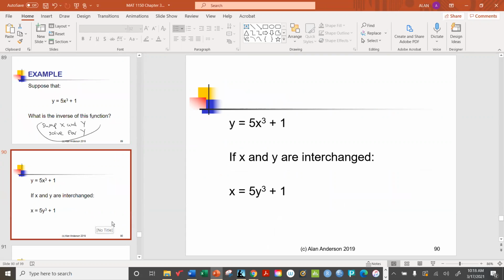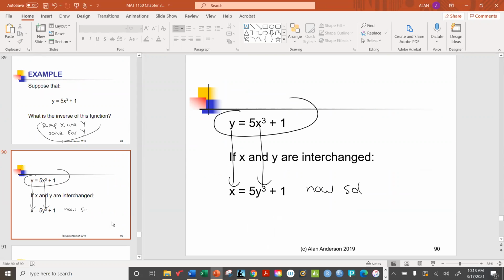So in other words, given that this is where we started, we trade the x and the y. You notice how y became an x and x became a y. So now what we have to do is solve for y. Whatever we come up with is our inverse. All right, so what would you do here? Well, you could subtract the 1 from both sides.